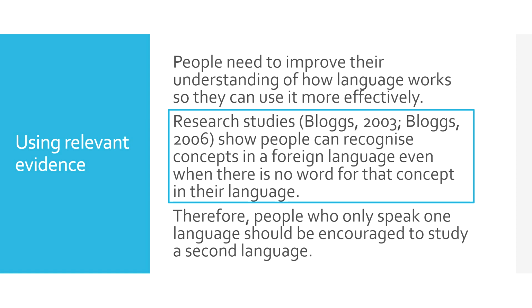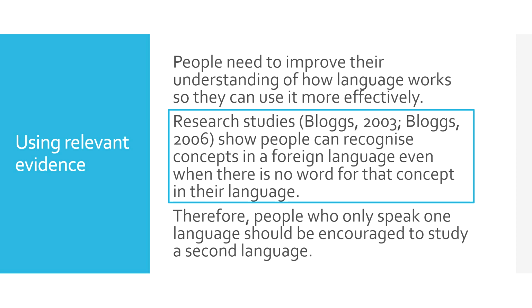Then we have our third and final example, where again the opening premise is the same and the conclusion is the same. However, the evidence says research studies show people can recognize concepts in a foreign language even when there is no word for that concept in their language.